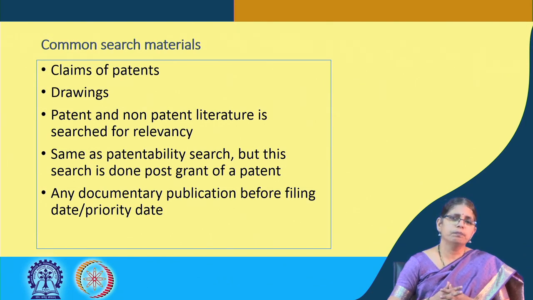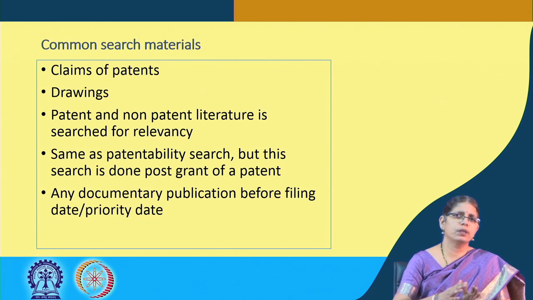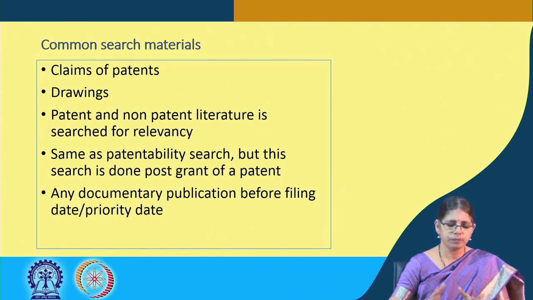And then, since this search is done post grant, the ingredients of what we do for patentability search are somewhat similar, and any documentary evidence available which can potentially invalidate a patent can be used for the patent validity or invalidity searches. So, a lot of work goes behind into the patent validity or invalidity searches.